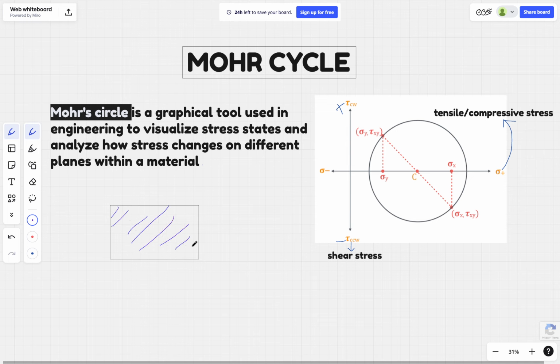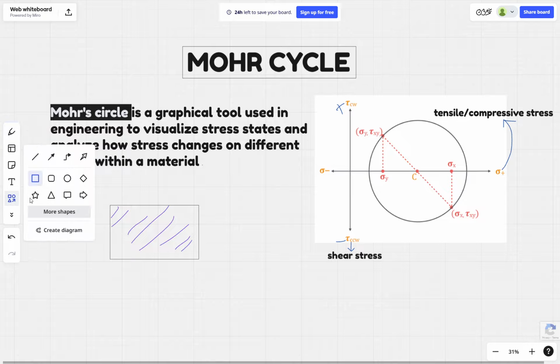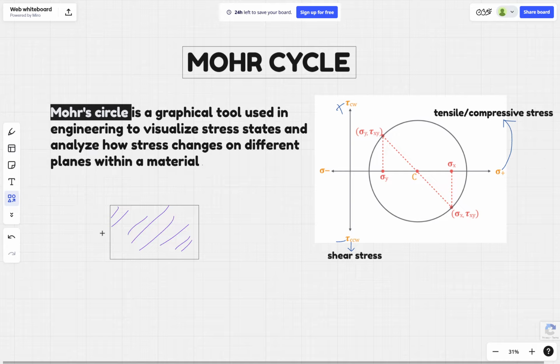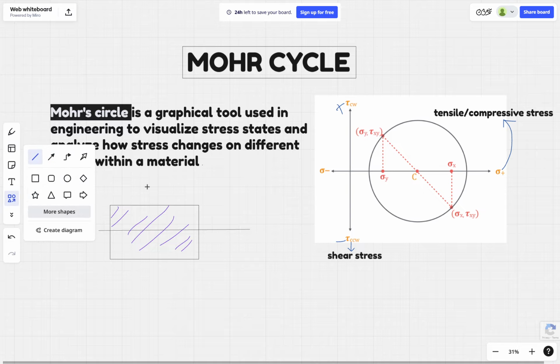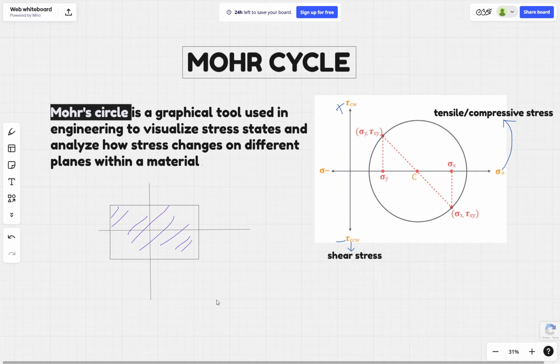On this body, this is the x-axis, and this is the y-axis. As per the x-axis we will have the principal stresses.